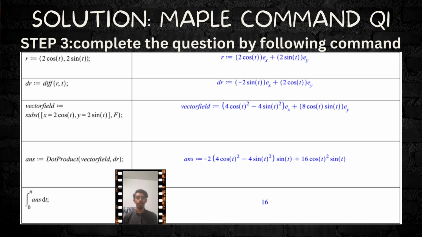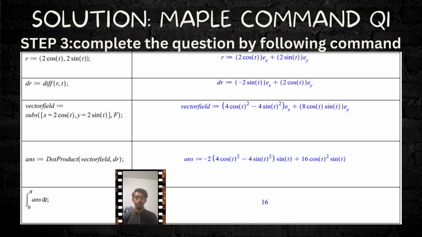Next, to find the vector field, we substitute x with 2 cos t and y with 2 sin t. Then we take the dot product of the vector field and the derivative of r, and we get the answer as shown.